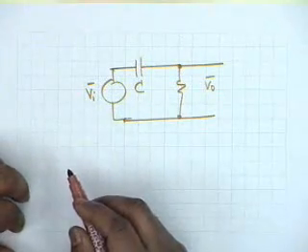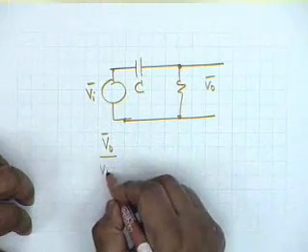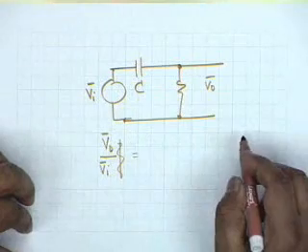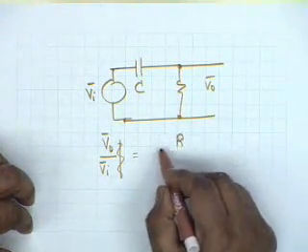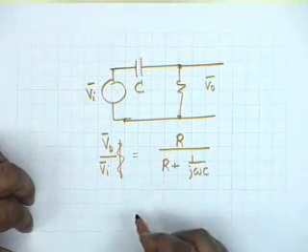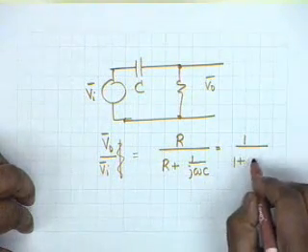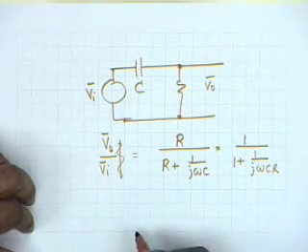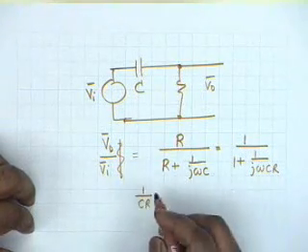It is also a high pass filter, and I can write down the ratio of V0 to Vi as equal to R divided by R plus 1 over j omega C, and this can be written as 1 divided by 1 plus 1 over j omega CR, and 1 by CR has the dimension of frequency.